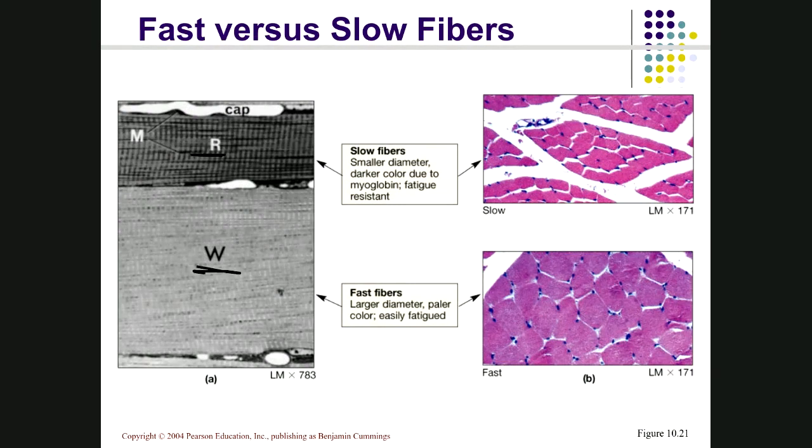So they're pink, they're medium in diameter. They're medium in speed. They're medium in how quickly they get tired. They do both glycolysis and oxidative phosphorylation, both anaerobic and aerobic. They do both.